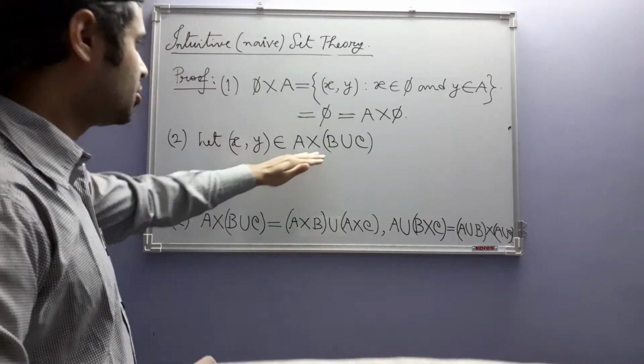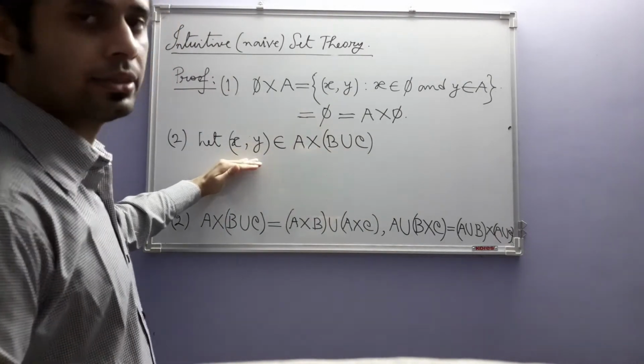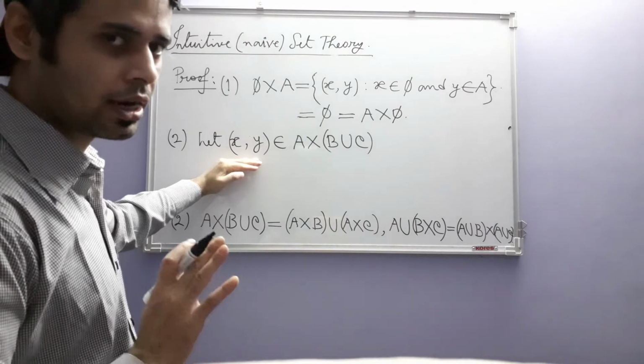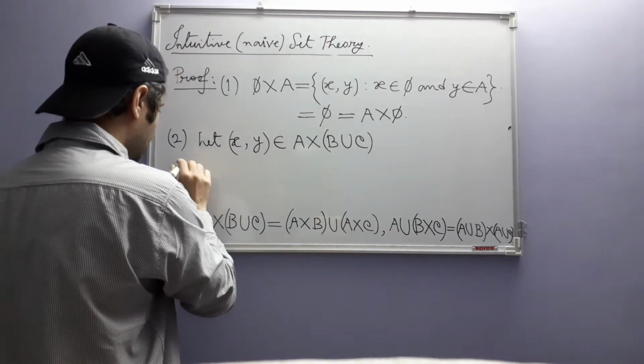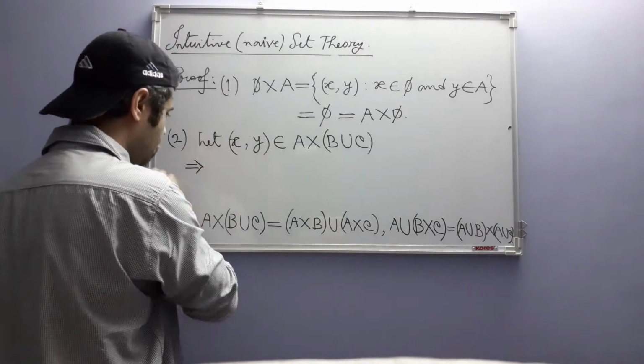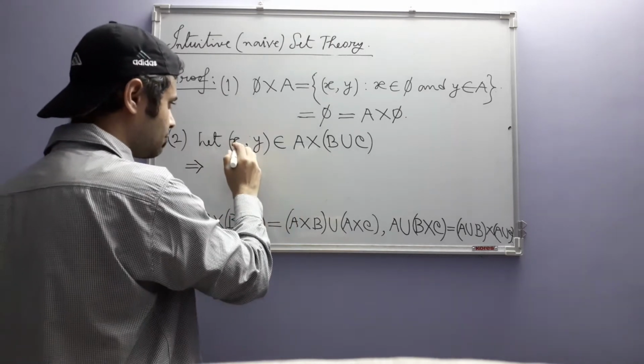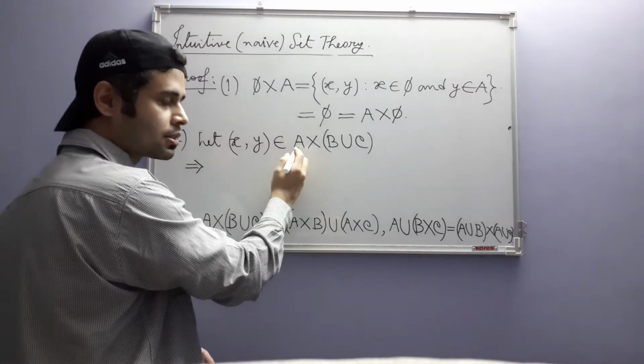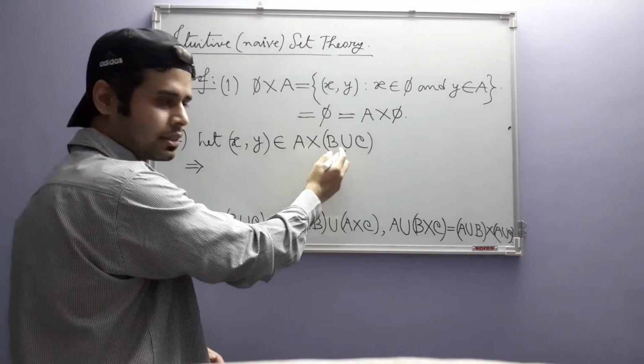So any element in this set will look like this. It is an ordered pair after all. And this implies, by definition, the first coordinate belongs to the first set and the second coordinate belongs to the second set.